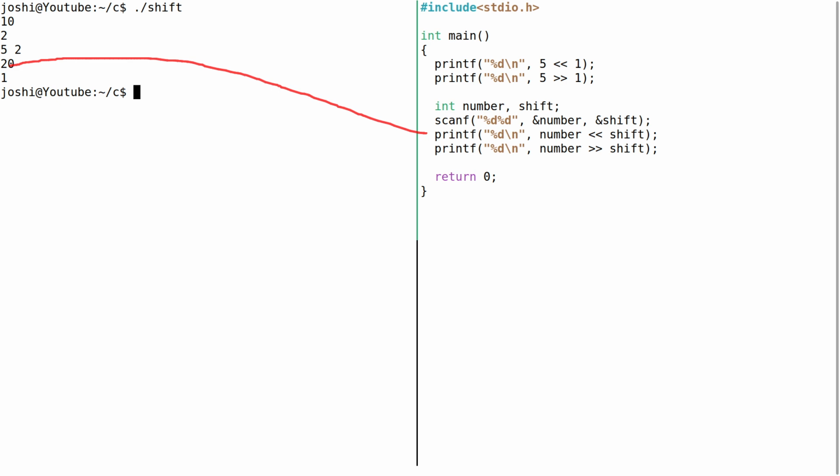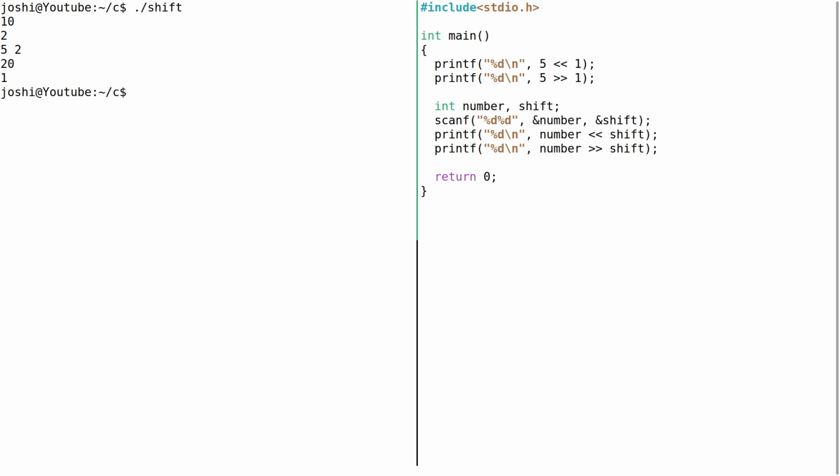Now in the next line, once it shifts towards right hand side by 1 bit position, it is halved, which becomes 2, integer division. Another time, once more it is shifted towards right hand side, the result is 1, because 2 divided by 2, the result is 1.